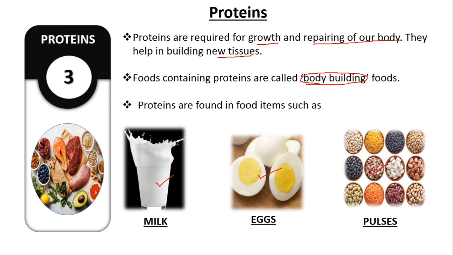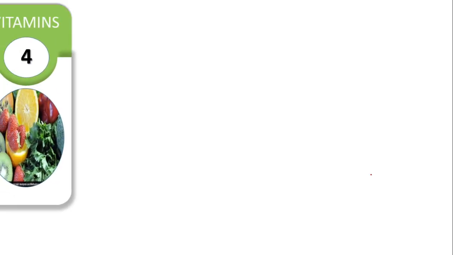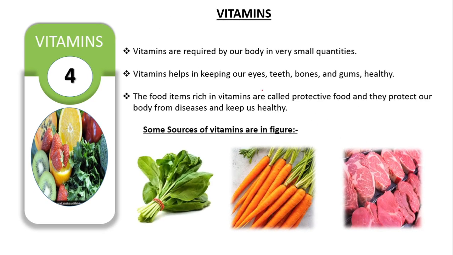Now, let me make you clear about vitamins. Vitamin is one of the major nutrients present in food. Our body needs vitamins in a small quantity, not in a very large quantity. Vitamins keep our eyes, teeth, bones, and gums healthy.